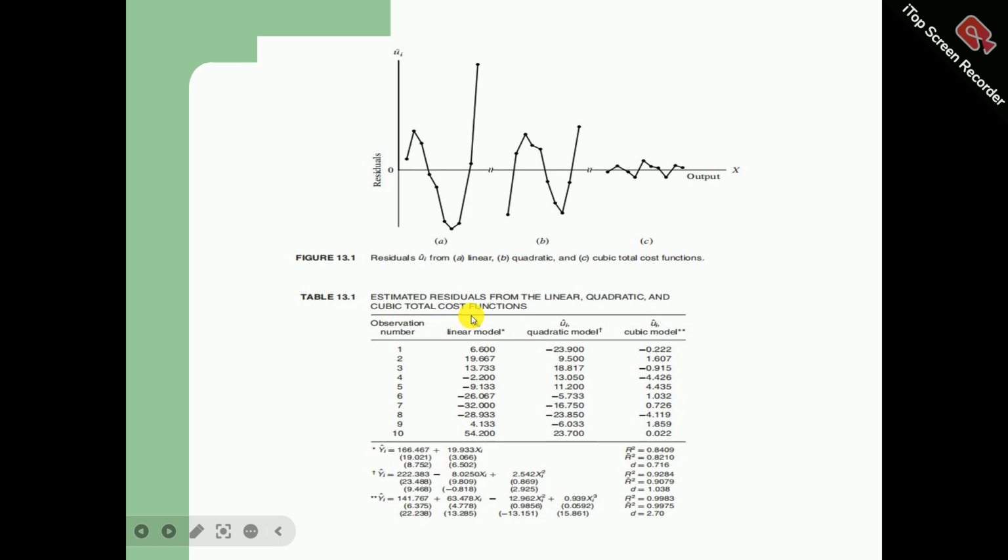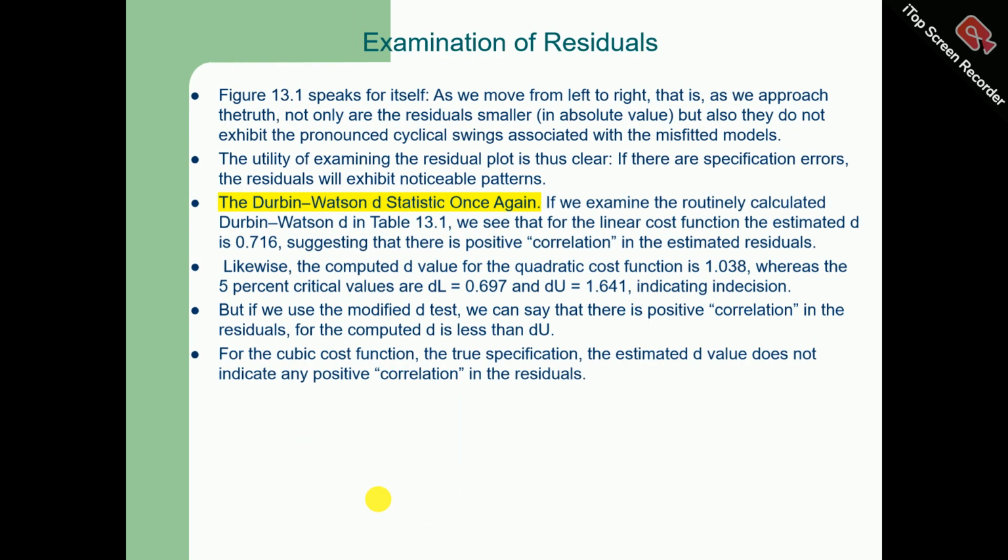There are 10 observations. These are the estimated u_i hat for the linear, for the quadratic, and for the cubic cost.